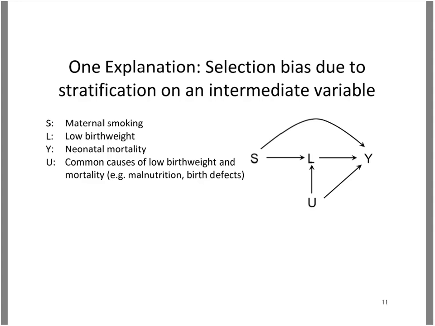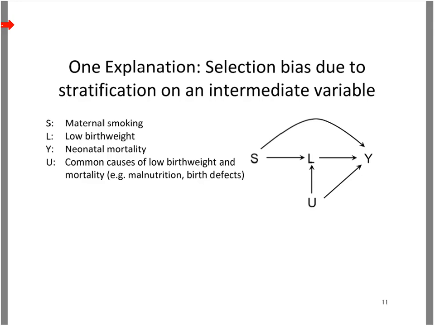So let's first look at this DAG here and see what it means, and then we're going to analyze it. Okay. So this DAG consists of 4 variables. S is maternal smoking. And suppose, for argument's sake, that we have randomized maternal smoking. I know we can't, but let's just assume that to highlight the essential structure of the problem.